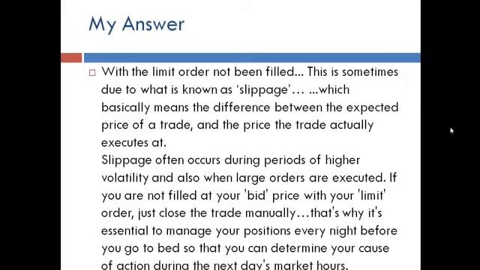It's just the stock market. The broker wasn't quick enough to execute you at the exact price you set because of so many orders coming through. So if you are not filled at your bid price with your limit order, just close the trade manually. And that's why it's essential to manage your positions every night before you go to bed, so that you can determine your course of action during the next day's market hours.